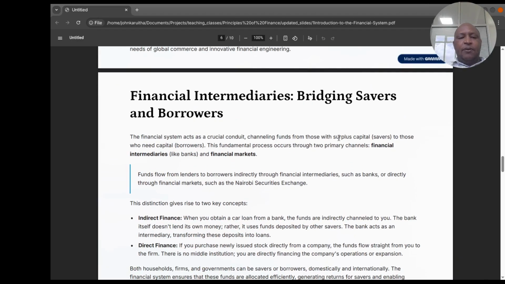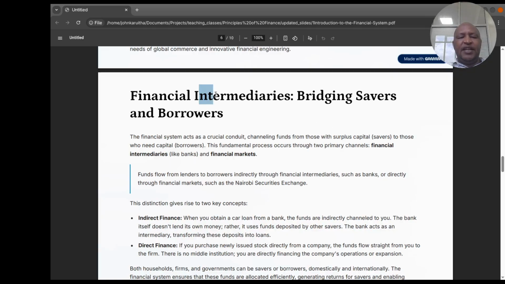Now, the next component of the financial system are financial intermediaries. We said financial intermediaries act as a go-between lenders and borrowers. When you have excess money, you deposit it in a bank. Then the bank is going to lend that money to other people who have a shortage. That is an example of intermediation.